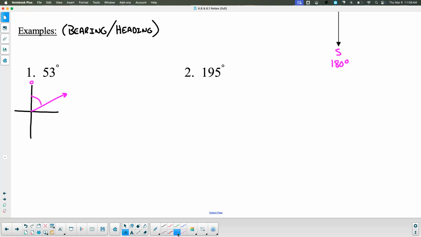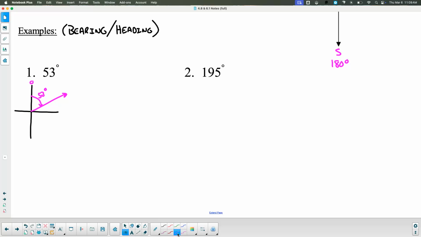This angle right here is going to be 53 degrees. Well, we inverted it to get it to clockwise, and then rotated it 90 degrees.